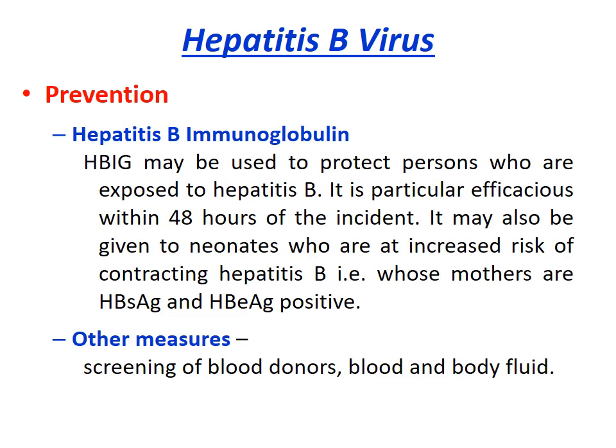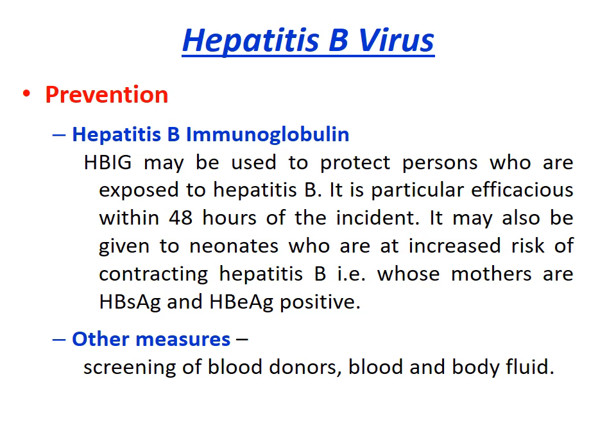Hepatitis B immunoglobulin may be used to protect persons who are exposed to hepatitis B. It is particularly efficacious within 48 hours of the incident, so it should be given within this time period.